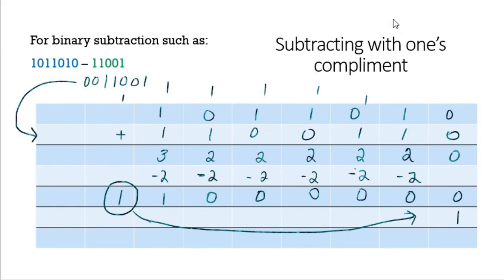Okay? So we're left with 1, 0, 0, 0, 0, 0, 1. I pretty confidently started adding on the left-hand side here because I looked ahead and saw that 0 plus 1 would be 1, and there wouldn't be anything to carry. That's the final result of the subtraction, the original two numbers, using 1's complement.